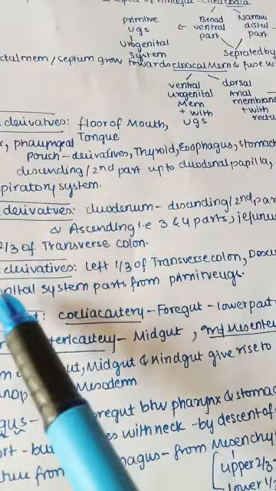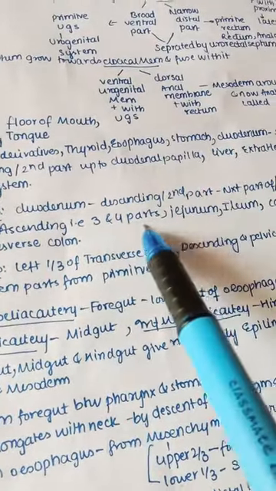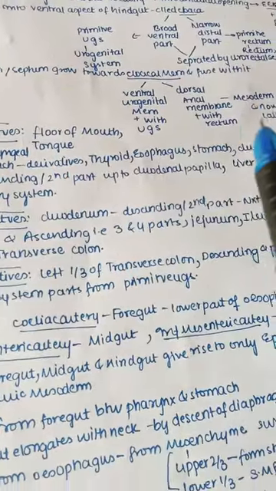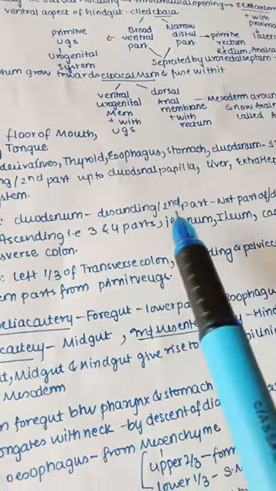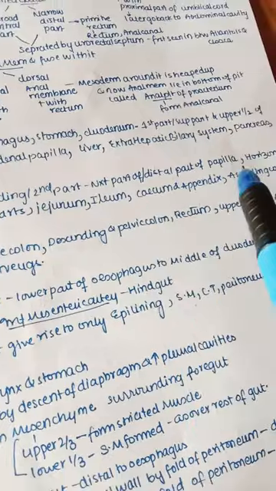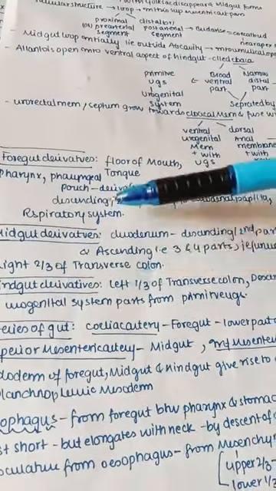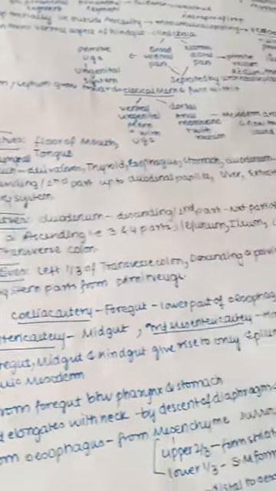Next the midgut derivatives are duodenum, that is descending second part. So the first part is from foregut derivative, and the midgut derivative is our second part of the duodenum, which is the next part or distal part of our papilla. So upper part of papilla is derived from foregut, and lower part of the papilla and duodenum is derived from the midgut.